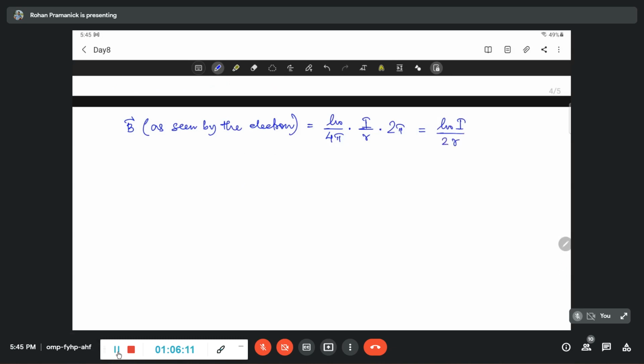Yes, mu 0 I by 2r. This is the magnetic field of a circular ring that you have probably already derived in electrodynamics. And we have to explicitly write this I in terms of the charge and this thing.